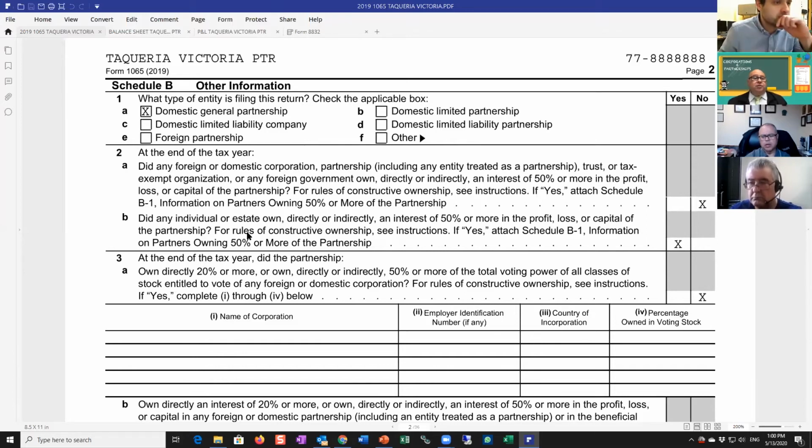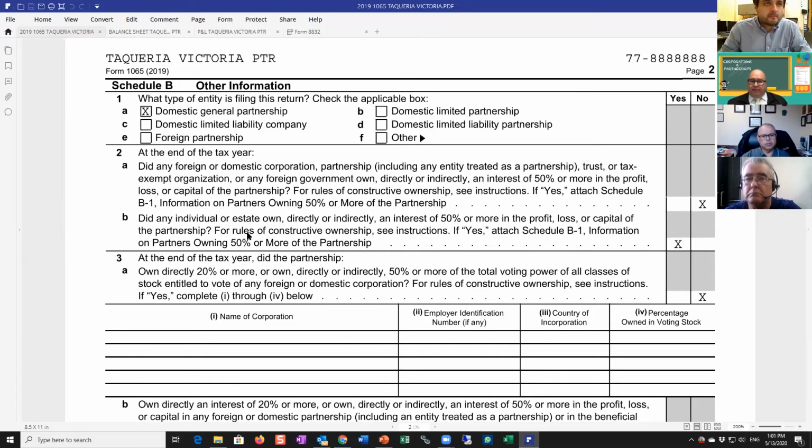The next question is what the IRS wants to know: do you have any foreign people involved in your business, such as foreign owners?